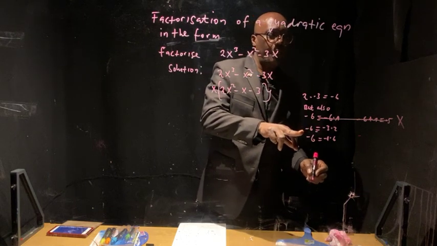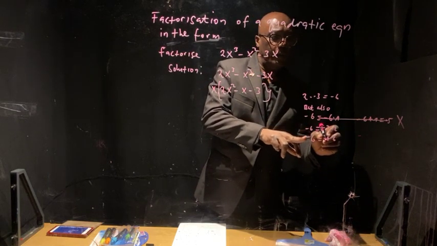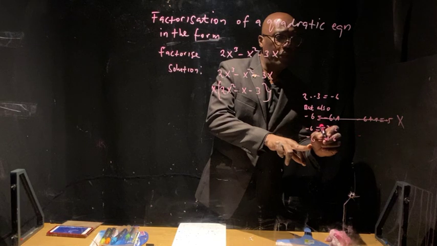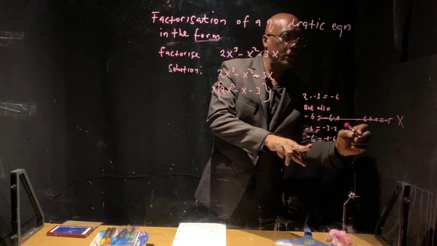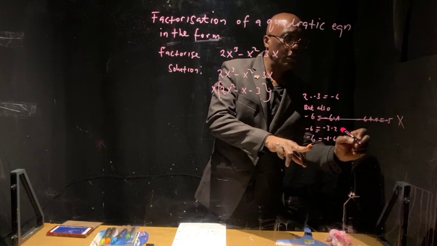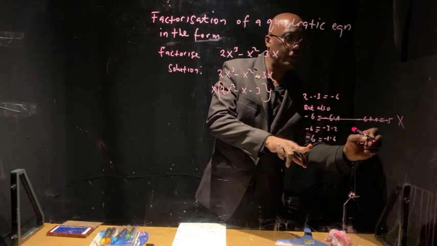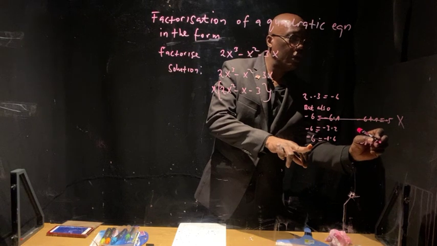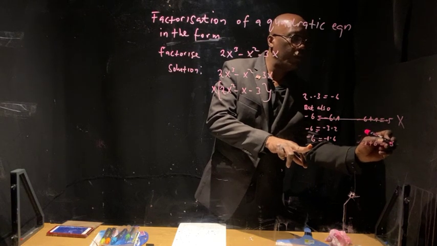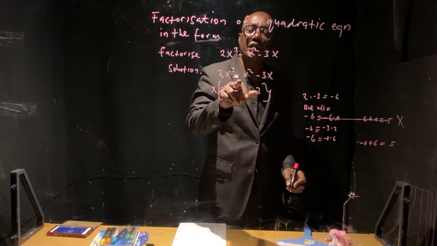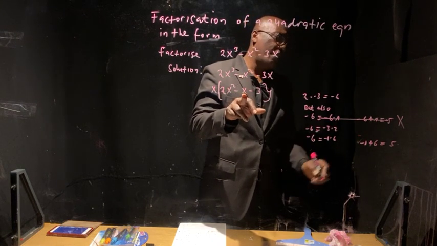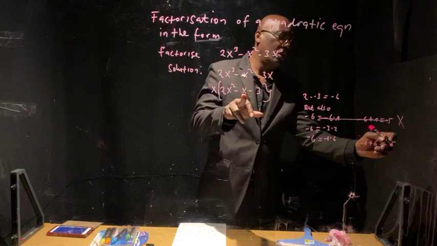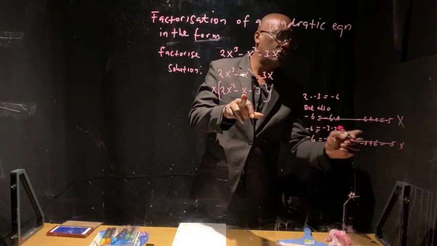Next, let's add minus 1 and 6. Minus 1 plus 6 is equal to 5. Is the coefficient of x 5? No. Therefore, this one is also ruled out.